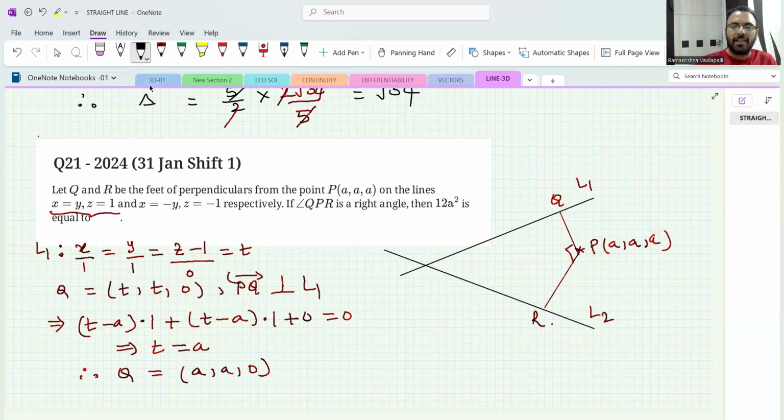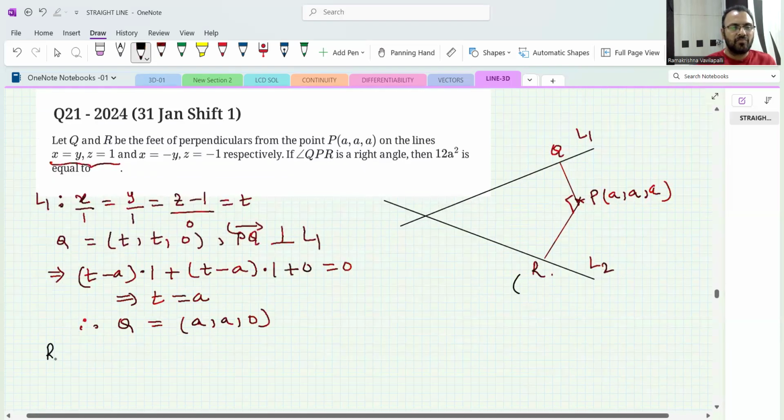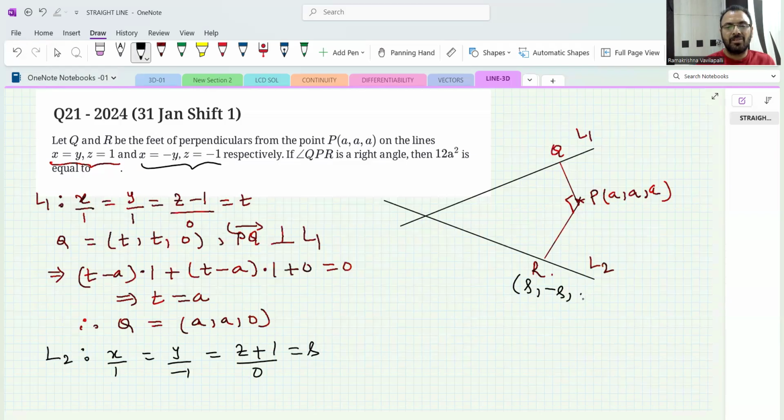Now we need to find another foot of perpendicular, that is R. What is the line L2? Writing it in symmetric form: x by 1 equal to y by minus 1 equal to z plus 1 by 0, equal to some s. So now the coordinates of R are (s, minus s, 0).